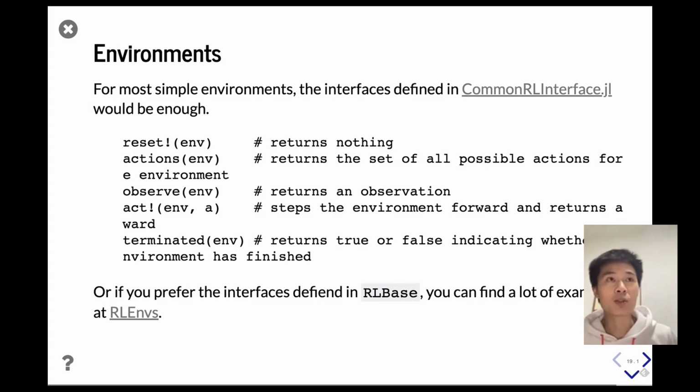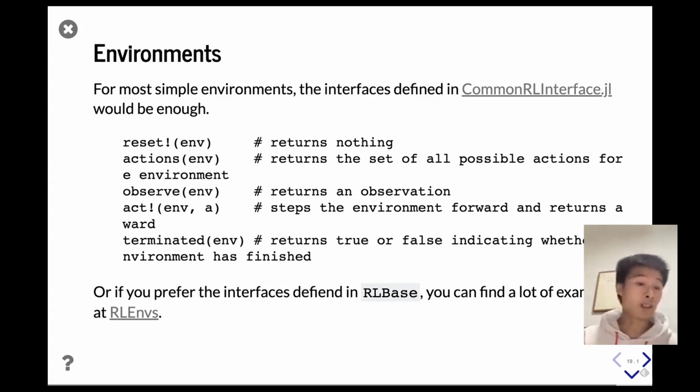The benefit is that you can also try some other packages like POMDPs and AlphaZero.jl. You can use those packages to try some other algorithms instead of those implemented in RL.jl.